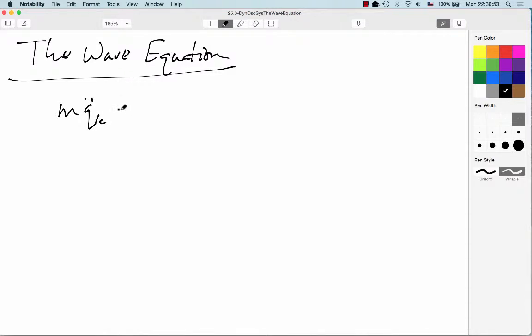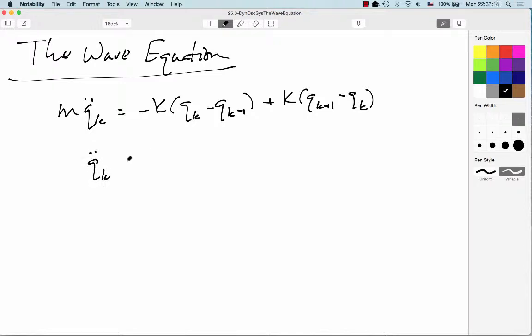That was m q_k double dot equals minus K (q_k minus q_{k-1}) plus K (q_{k+1} minus q_k). All right, so if I rearrange a bit, that gives me q_k double dot equals K over m.